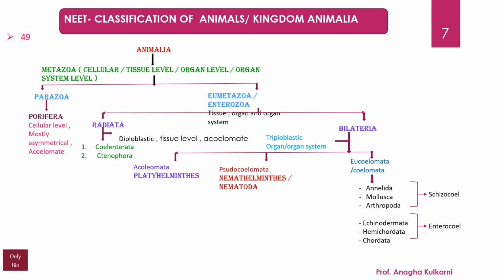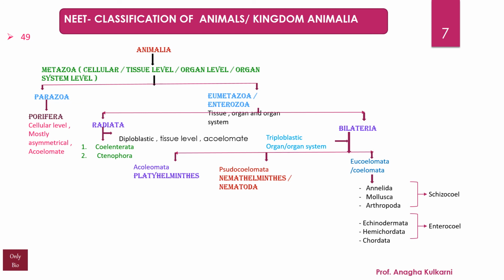Now, Radiata, as the term tells you, have radial symmetry, are diploblastic, have tissue level of organization and are acoelomate, and comprise only two phyla, namely Coelenterata and Ctenophora. The second category, Bilateria, are bilaterally symmetrical animals, which are triploblastic and have either organ level or organ system level of organization.